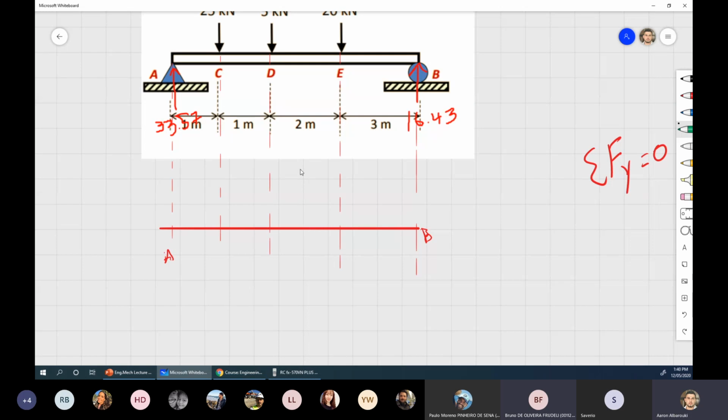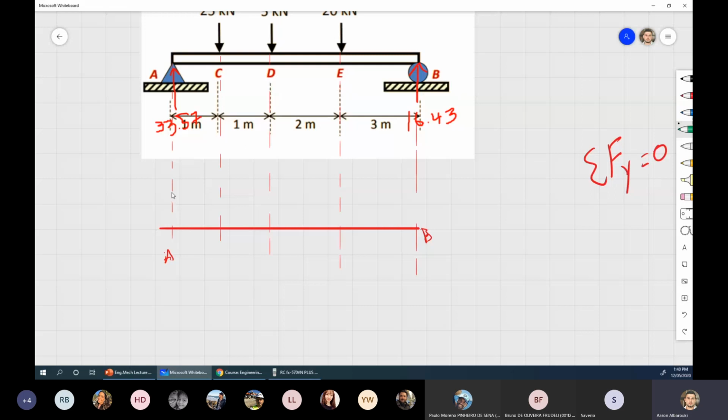33.57. Perfect. So here, just to give you some hints about this, try to come up with a scale, a very basic scale. Doesn't have to be something very sophisticated. It's just a basic scale. So in other words, if I assume this square is about 25, for example, okay?